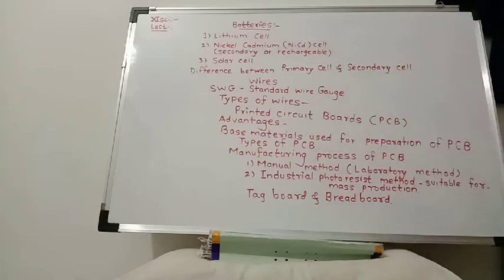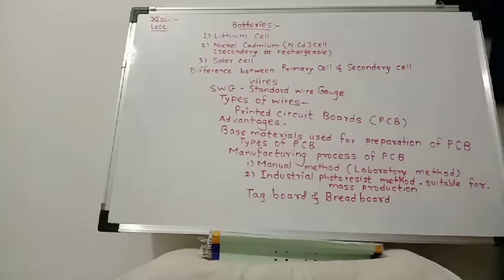These are lithium sulfur dioxide, LiSO2, lithium sulfur dioxide cell, and the second type is lithium thionyl chloride type cell. So these are the two types of lithium cells.